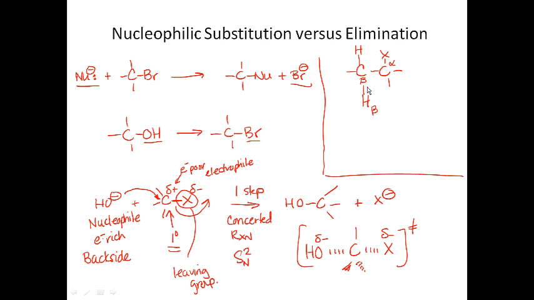One of these beta hydrogens could leave: we break the carbon-hydrogen bond, have this beta hydrogen leave as an H+, have this pair of electrons move here to form a carbon-carbon double bond between the alpha and the beta carbons, and at the same time have this carbon-halogen bond break and lose that halogen as an X-. So in this elimination reaction, we would basically form a carbon-carbon double bond. We would have our H+, and then we would have our X- formed as a result of this reaction.